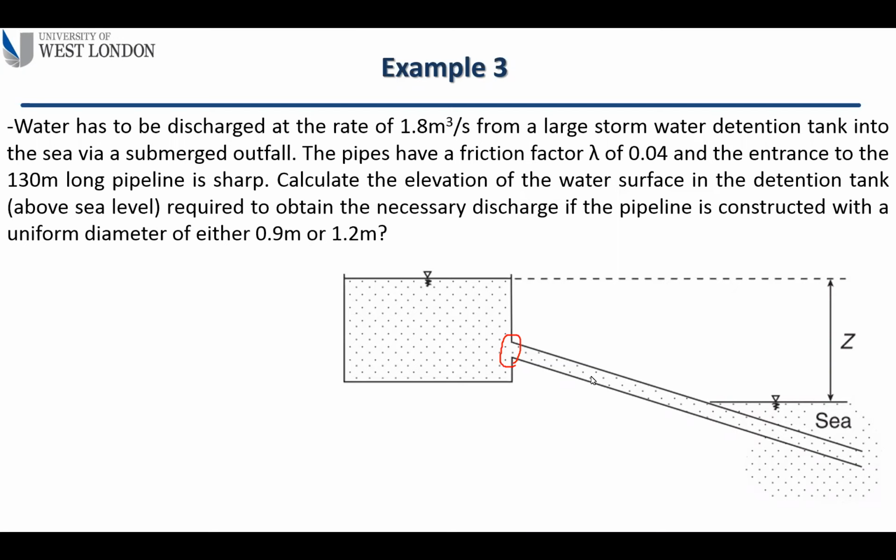So what is the water surface level that we need to obtain to make sure that we should be able to discharge this amount of flow through the pipeline to the sea? That is the question.